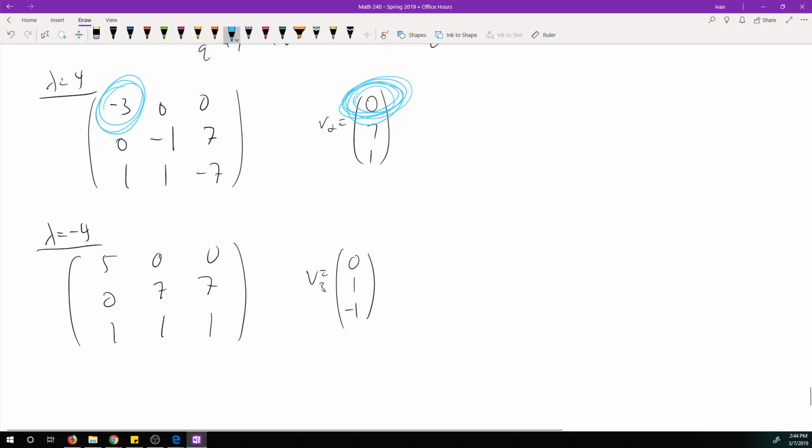But that doesn't tell me information about the other two entries, right? So to find information about the other two entries, I have to look at the other rows of the matrices. And so now we turn to, let's say, row 2 or row 3, doesn't matter. What I want to do now is find something that can kill off, such that the dot product is equal to 0.